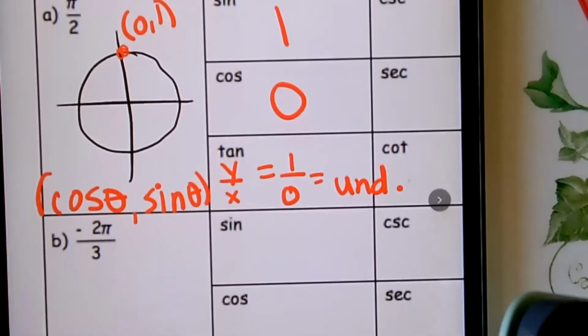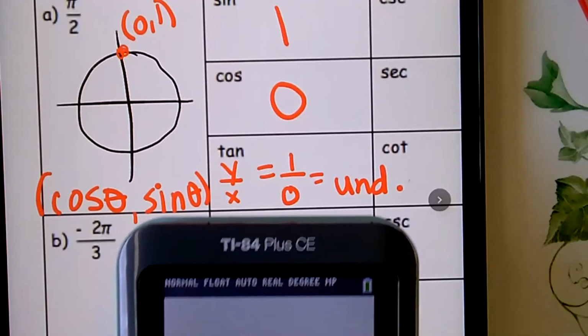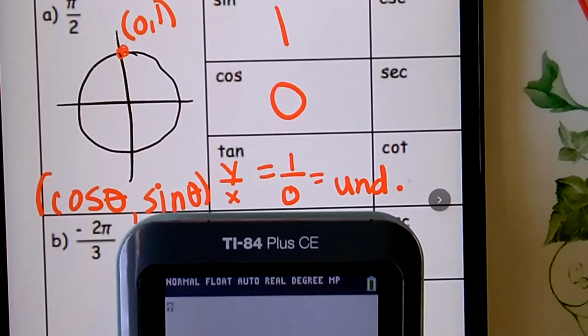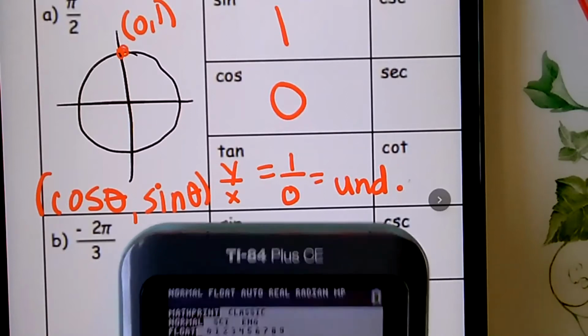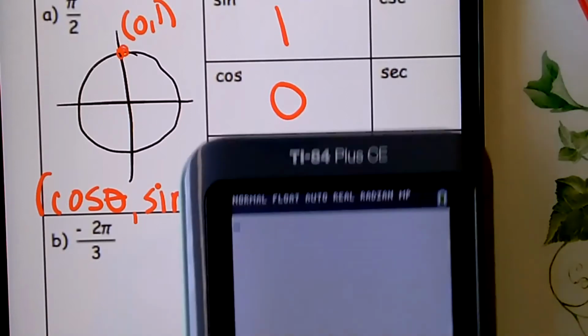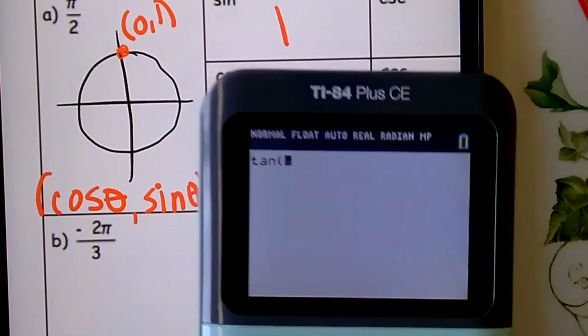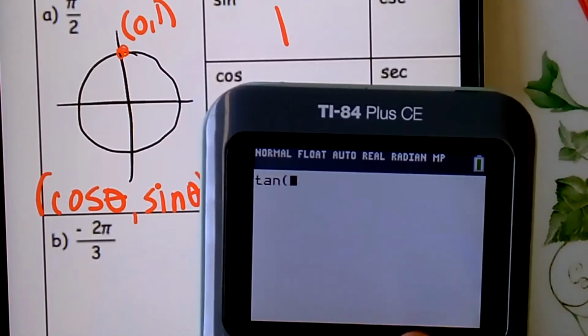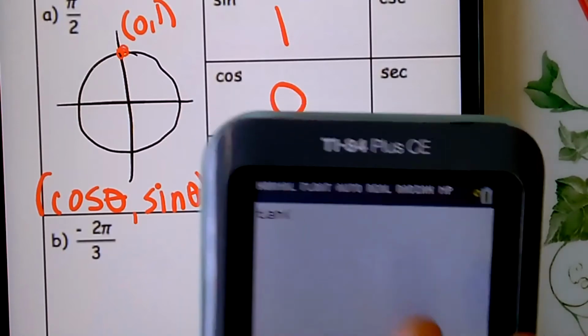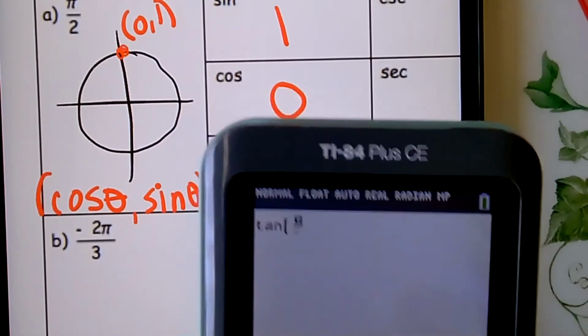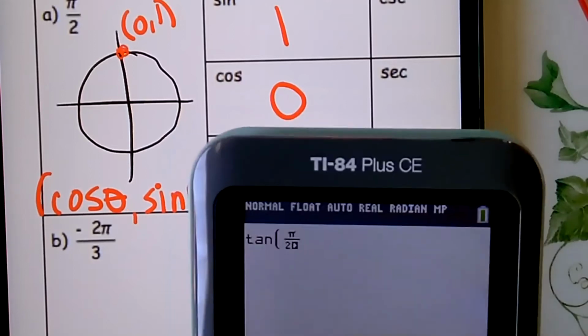So just to show you on my calculator, I need to change it to radians. So I'm going to get my mode to radians. Okay, and then I'm going to type in tangent of pi halves.